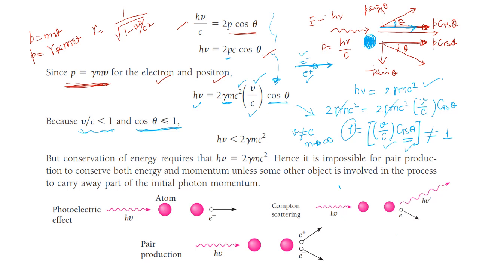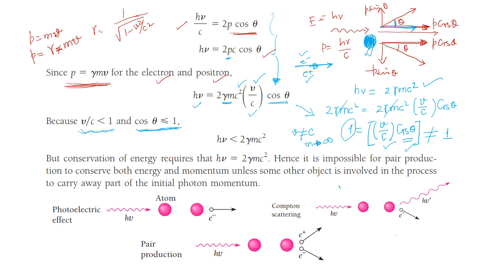We have not considered the energy and the momentum of this nucleus. So we have supposed that there is nothing present there. The space is empty and the photon is coming out and being materialized into an electron and a positron. So what we are getting is not the correct mathematical statement.